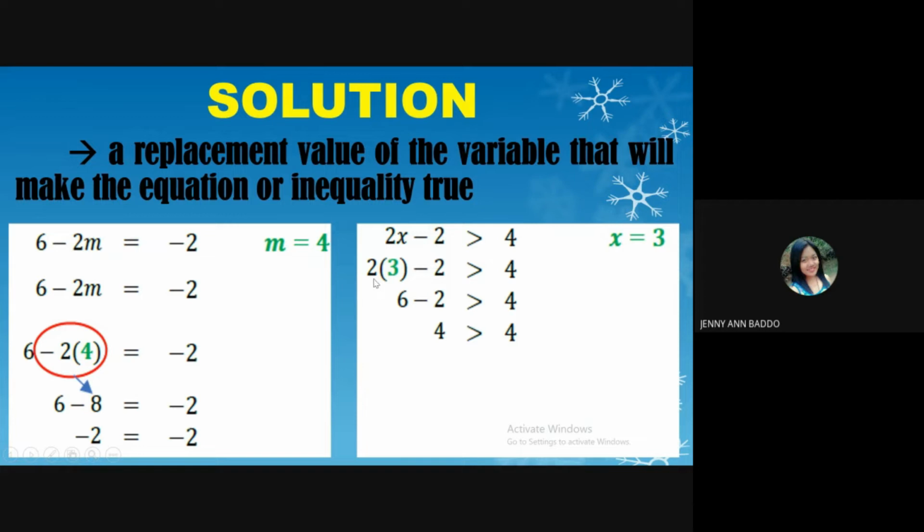Let us simplify the left side first. 2 times 3, that's 6, minus 2 is 4. Now, is 4 greater than 4? Of course, it's a false statement because 4 is not greater than 4. They are equal. Therefore, 3 is not a solution of the given inequality.